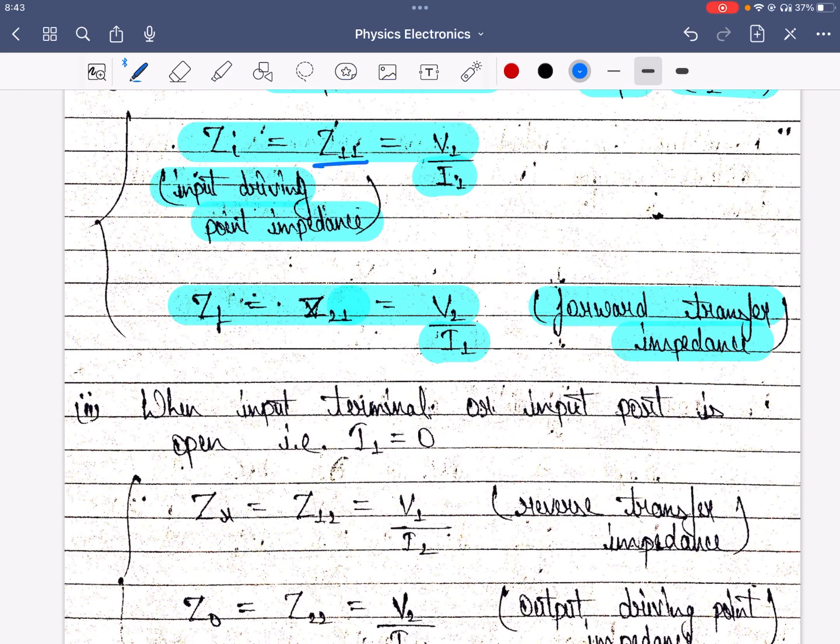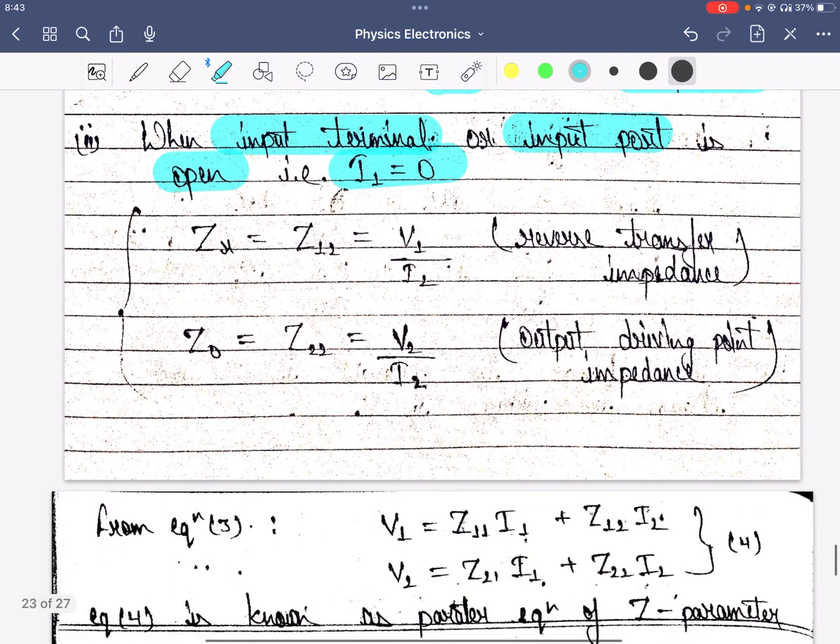Z21 is the Zf represented in the matrix form. Now, when the input terminal or input port is open or I1 is equals to 0, Zr is equals to Z12 is equals to V1 by I2 and it's known as the reverse transfer impedance. And Z0 is equals to Z22 is equals to V2 by I2 and it is known as the output driving point impedance.